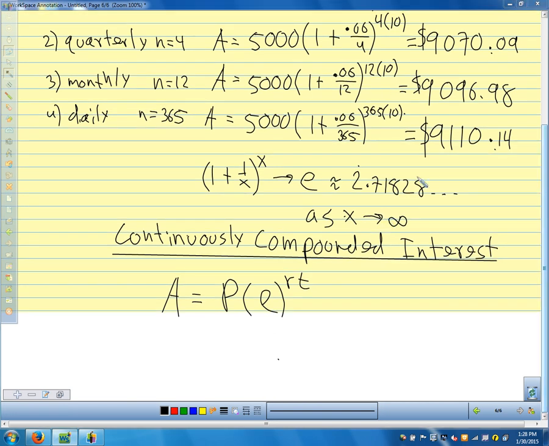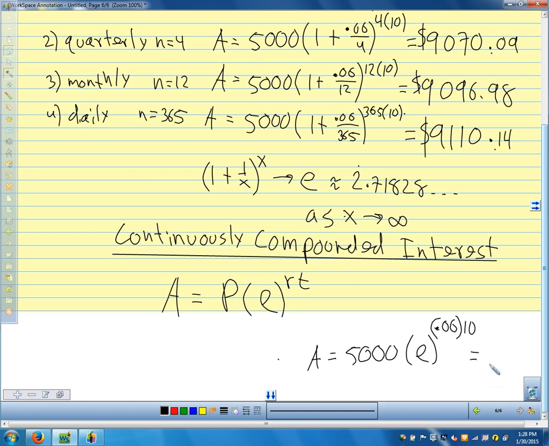So if we compound this interest continuously, we would get A equals 5,000 times e to the 0.06 times 10.